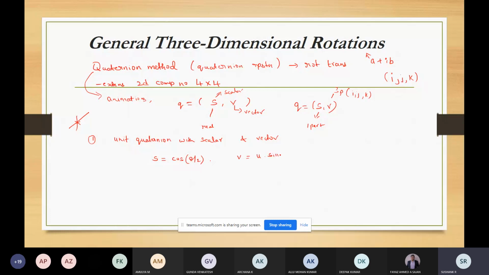Now what does this U mean? U is a unit vector along the selected rotation axis.